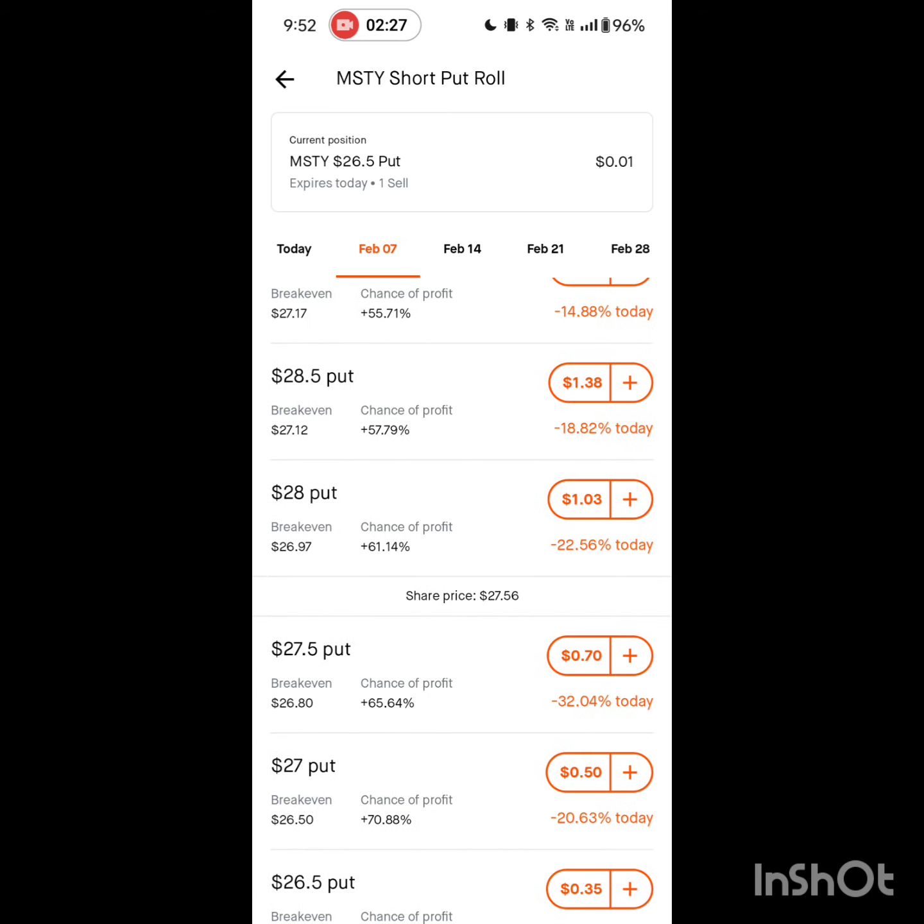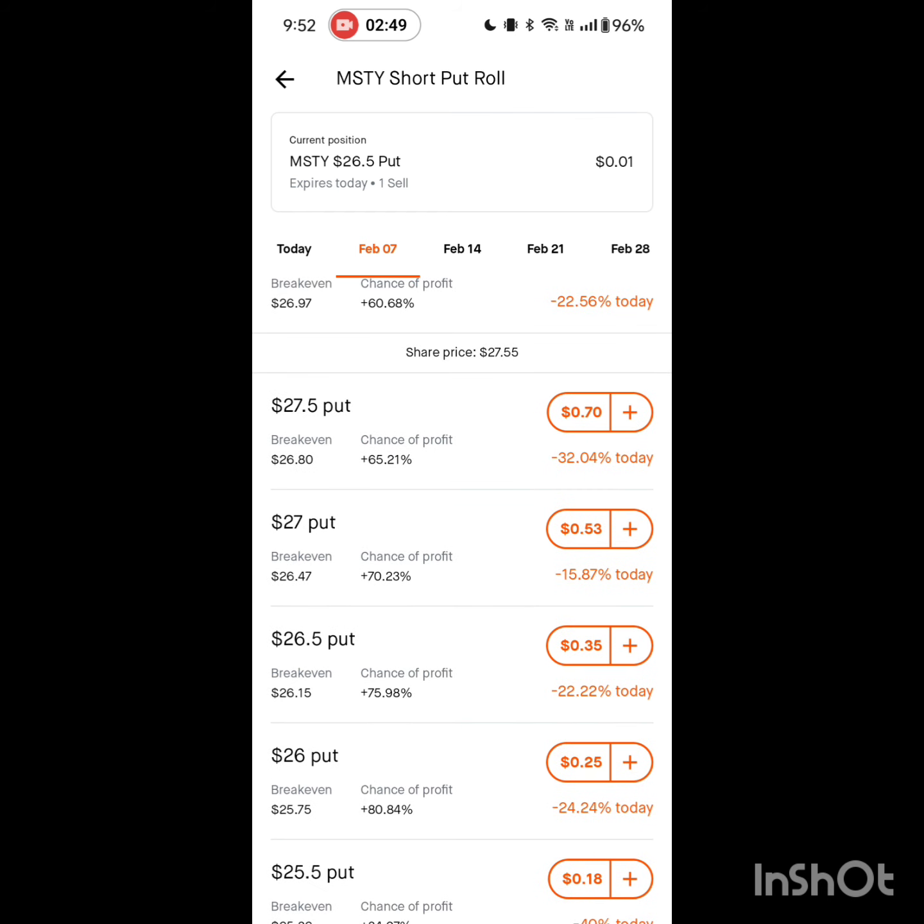Right now the extrinsic value of my position is $1. What does extrinsic mean? It means that I'm out of the money. Let's pretend that the share price was at $26. Since the share price is below my strike price, then that would be intrinsic.